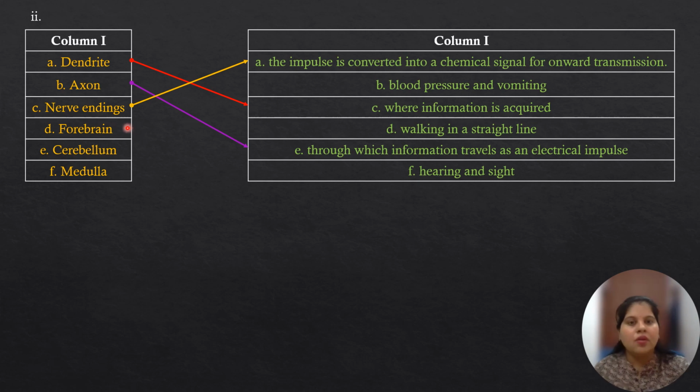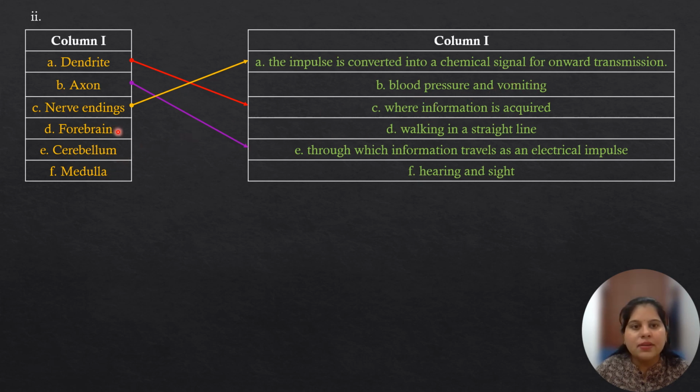Forebrain, hearing and sight. Cerebellum. Cerebellum is walking in a straight line because it helps in maintaining the body posture. Medulla. Medulla controls all the involuntary functions like blood pressure and vomiting.